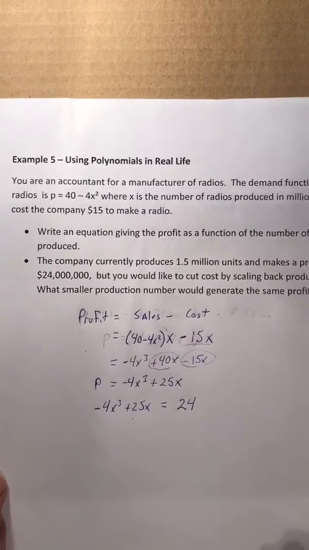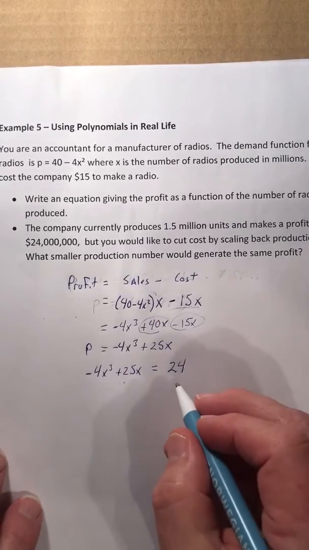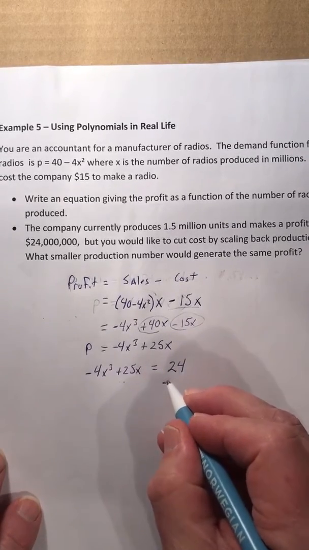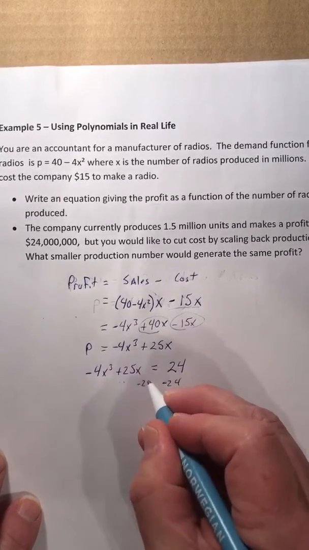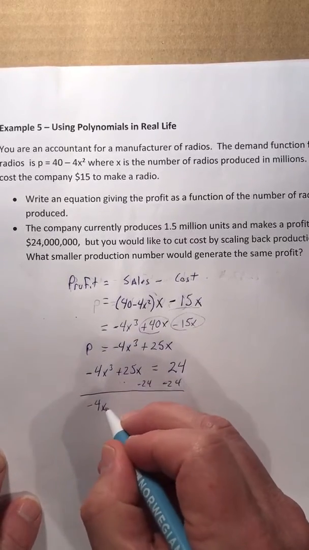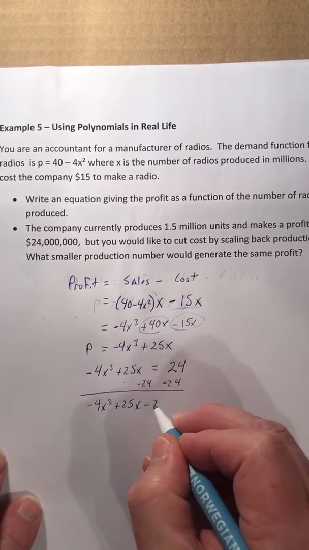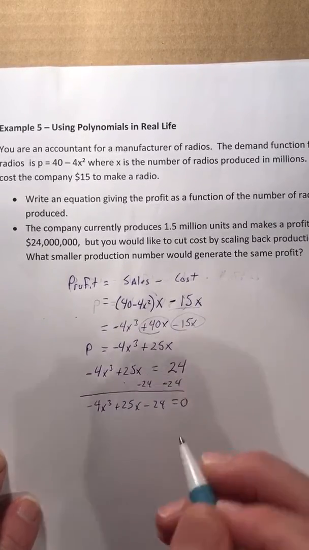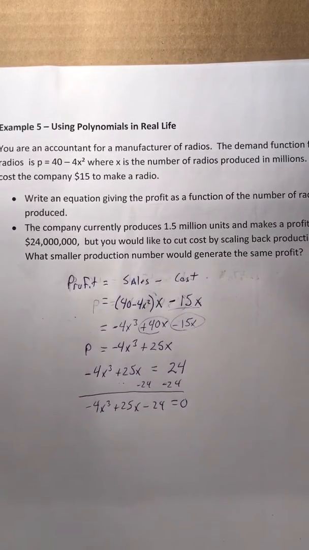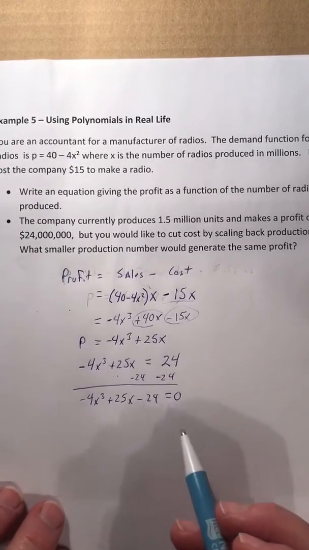And remember, the answer is going to be in millions, right? So now we're going to subtract the 24 to get our 0, which is going to give us a negative 4x cubed plus 25x minus 24 equals 0. All right, so that would be our formula if we wanted to make $24 million.